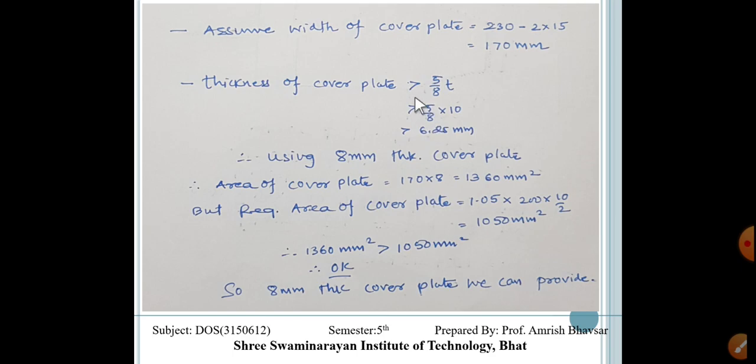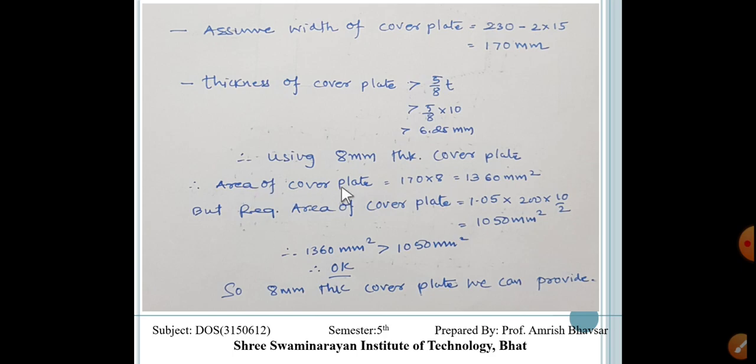So in this case, our actual plate is 10 mm thick. So the cover plate must be greater than 6.25 mm. So greater than this 6.25, we can take 7, but in the market we can't get the 7 mm thickness size of plate. So we must take an 8 mm thick cover plate.